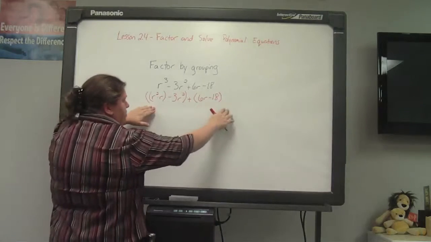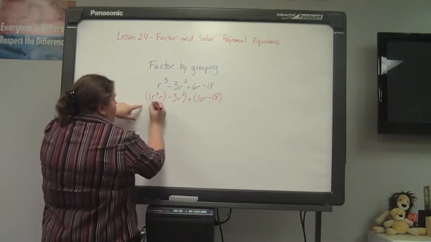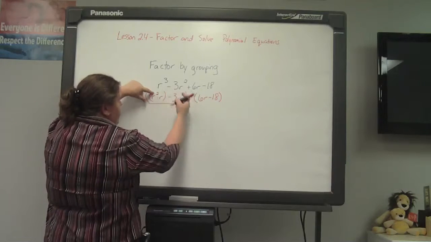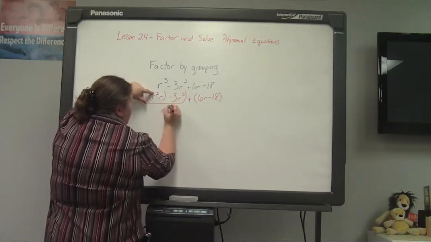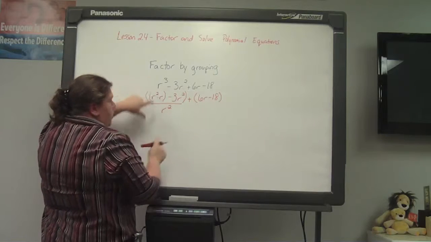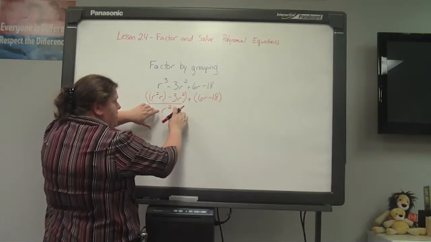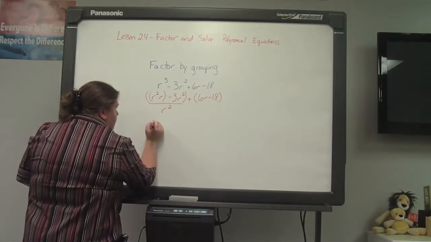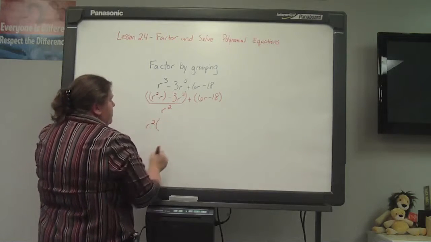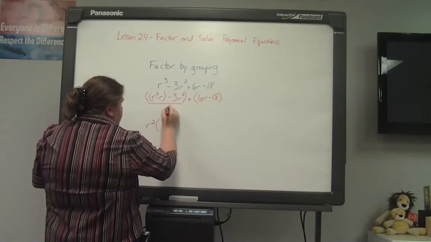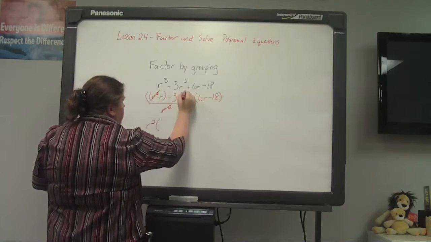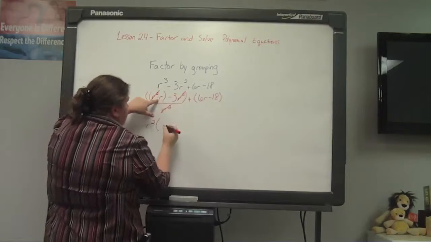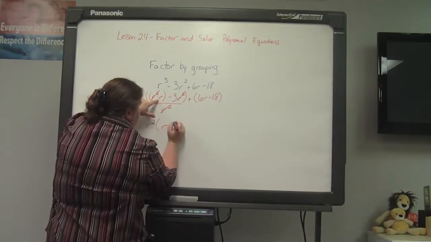From there, remember, I want to divide out what's in common. I have an r squared and an r squared, so I'm going to divide out the r squared. That means it goes on the outside of my parentheses. When I divide, all 3 are canceled, and what is left is my r minus 3.